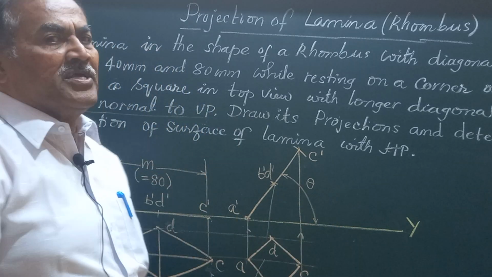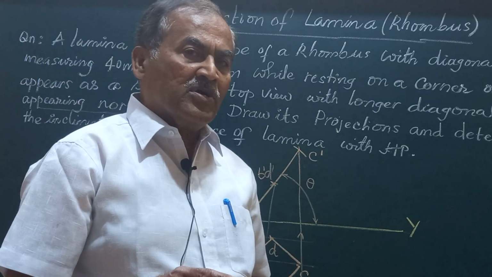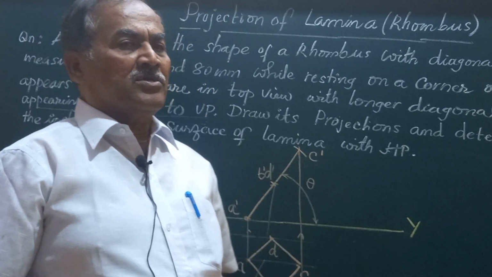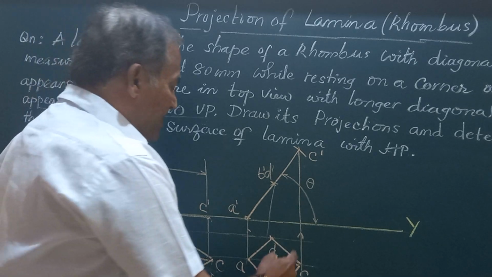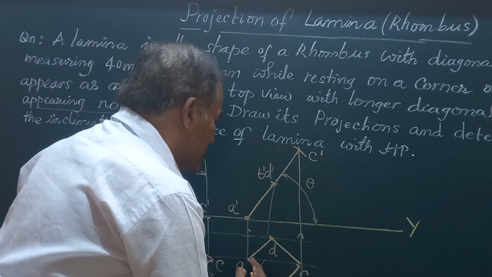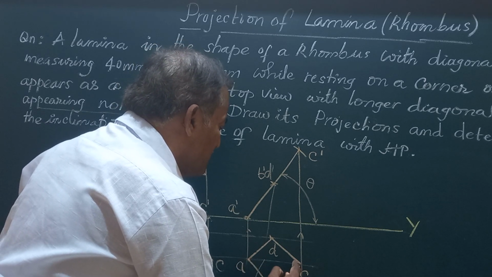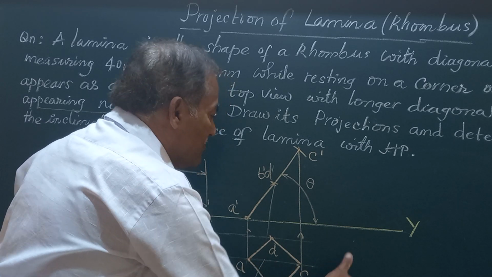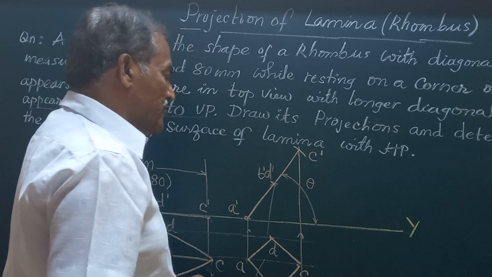But it has to appear normal to VP. So finally, whatever top view we have got here, we are going to redraw such that the side AC which is parallel to VP becomes perpendicular to VP.